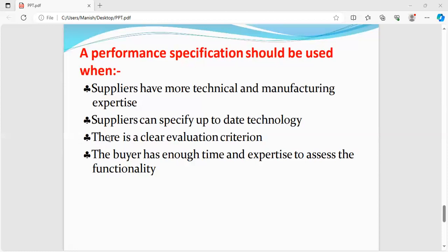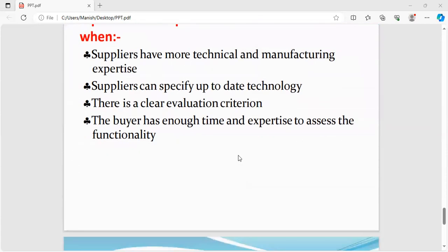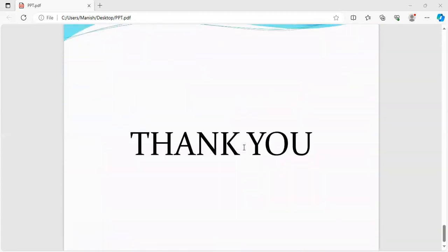So the performance specification can be used in these various circumstances when the suppliers are much more expert in their technical expertise, and they know the updated technology. They are clearly able to evaluate what you are providing to them as an output, and they have much more time to assess that particular functionality. Thank you.